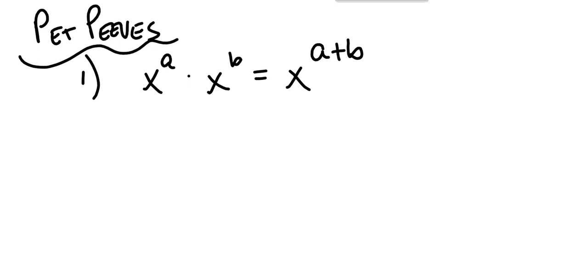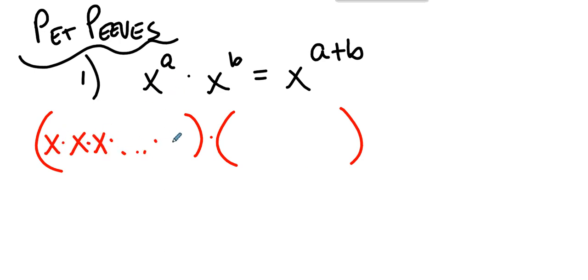And I'm imagining that your explanation is something like x to the a is x times x times x times x, and then x to the b is x times x times x times x. So let's talk about how we talk about those things.